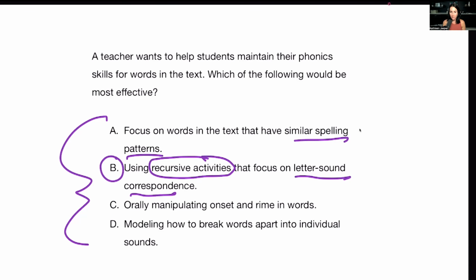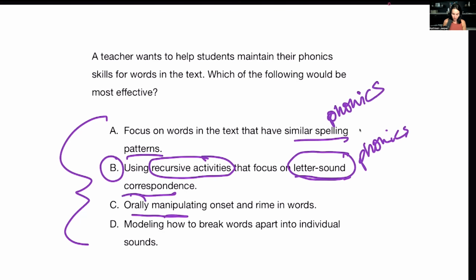C, orally manipulating onset and rhyme in words. Okay. Orally manipulating is a phonemic awareness. Whenever we do things orally or sounds, we pay attention to sounds only. That's going to be phonemic awareness. And in B, letter sound correspondence, that's phonics. So we have some differences here. We have phonics here. Also, spelling is phonics.